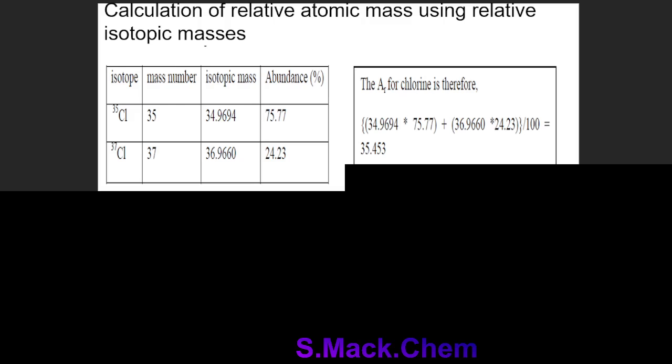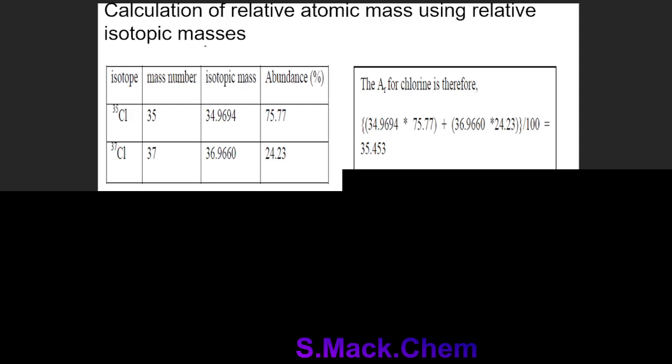It is all divided over the number 100, and this is where we use the percentage as a whole number versus moving that decimal point to give us the fraction. Right, so in order to calculate the relative atomic mass, you're taking the abundance as the percentage given and you divide over total abundance, which should add up to 100%. And our answer is given to us to three significant figures.